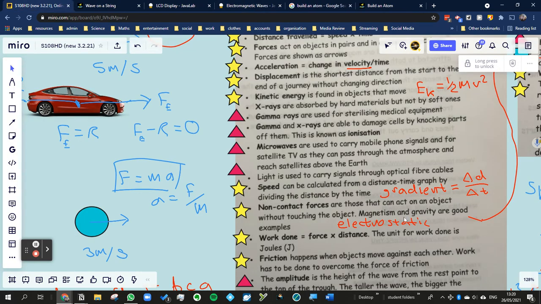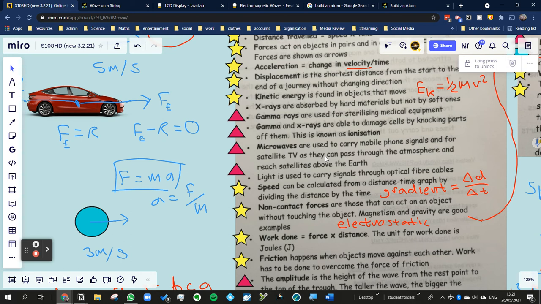Let's go back to this link here. Microwaves are used to carry mobile phone signals, and they can pass through the atmosphere and reach satellites above the Earth. Okay, so that's why we use microwaves. Yes, I think I remember this.